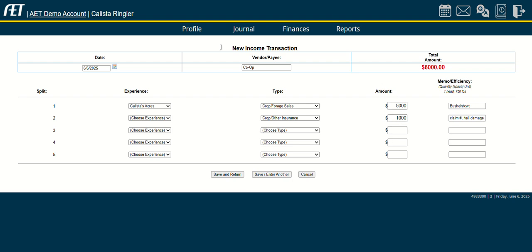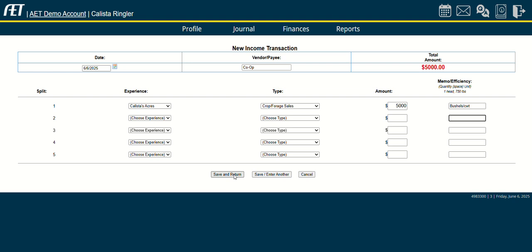But for this example, I'm saying that I am paid by the co-op on June 6th for forage sales of $5,000, okay? So I'm going to go ahead, clear these lines out because the co-op wouldn't pay me for insurance. It would be through the insurance department of whichever organization I went through. So I have the co-op telling me that for Callista's Acres, selling grain, I made $5,000.